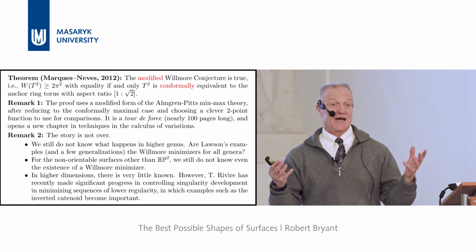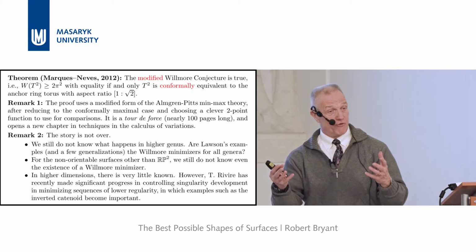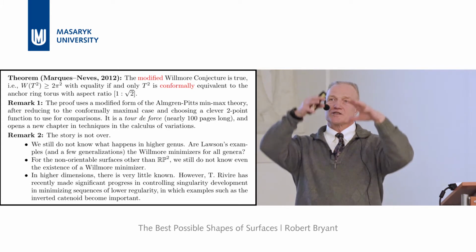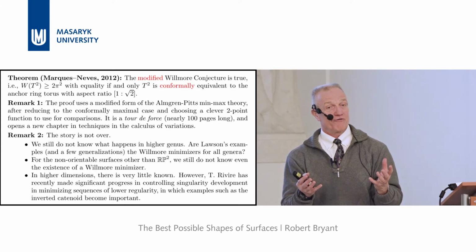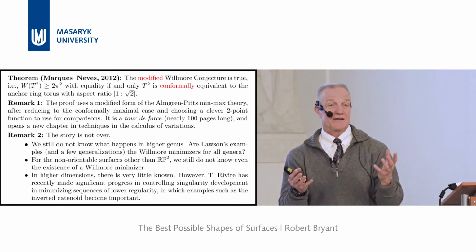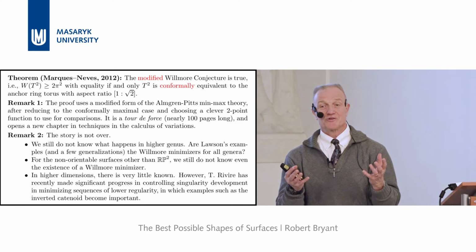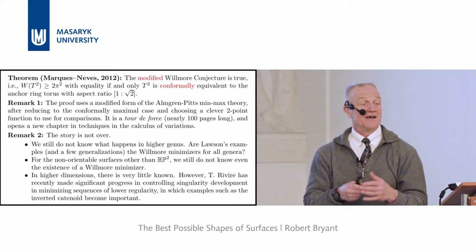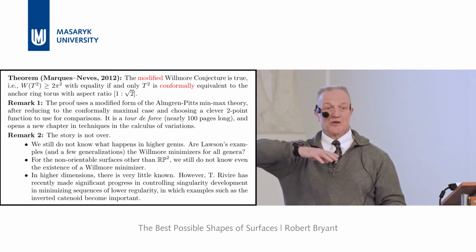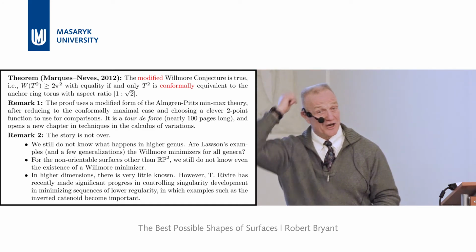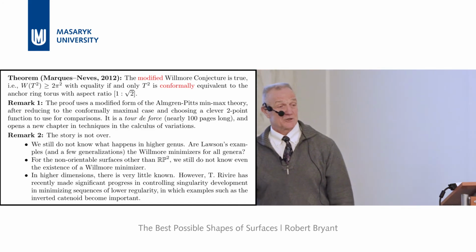For example, if you consider the same thing in R⁴, what's the minimum total bending energy of an RP²? It turns out that you can get down to 6π. You don't have to go to 12π. But then you can't do any better than that. No matter how much higher in dimension you go, the lowest total bending is 6π for RP².